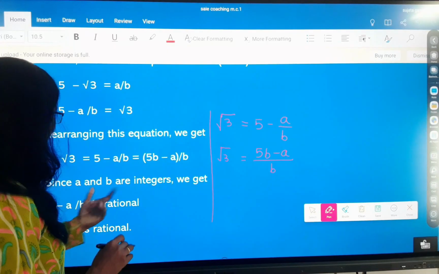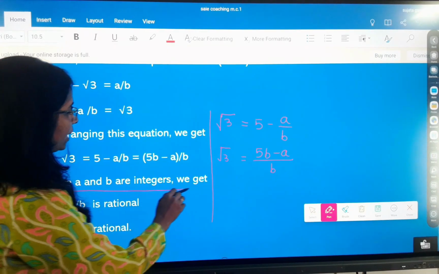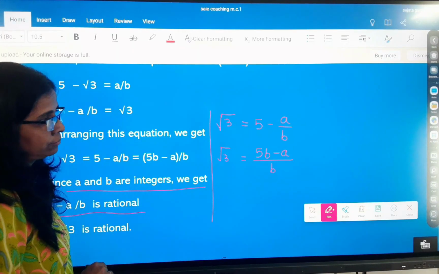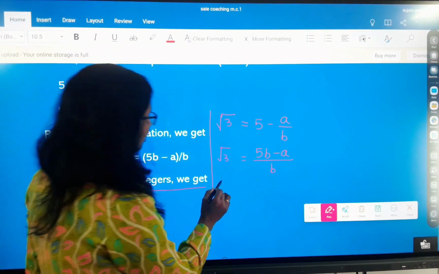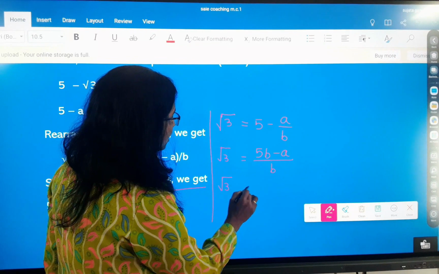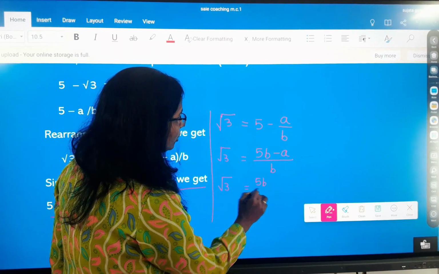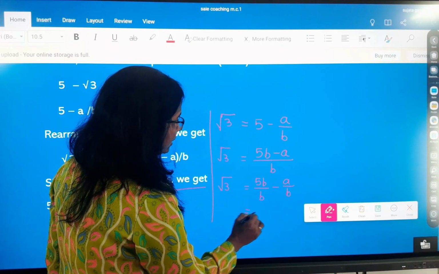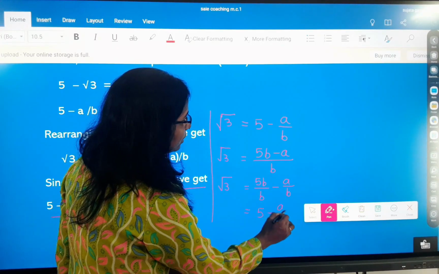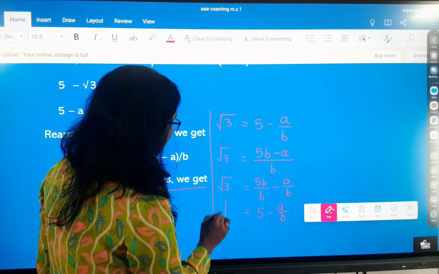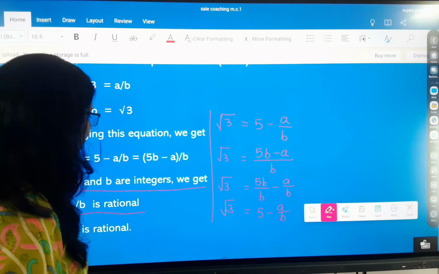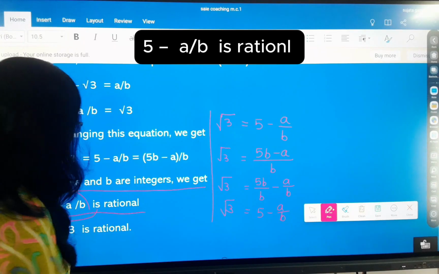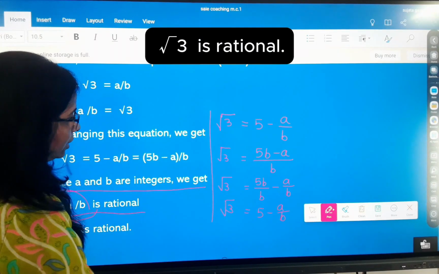Okay. So this way, since a and b are integers, we get root 3 is equal to 5b upon b minus a upon b. So here 5 minus a upon b is rational, and that means root 3 is rational.